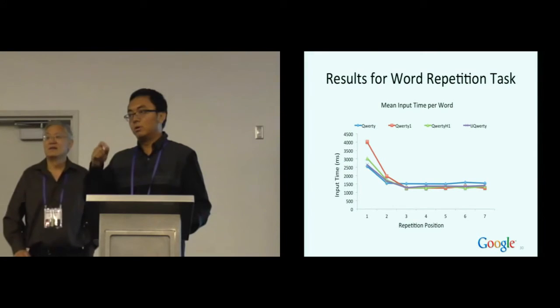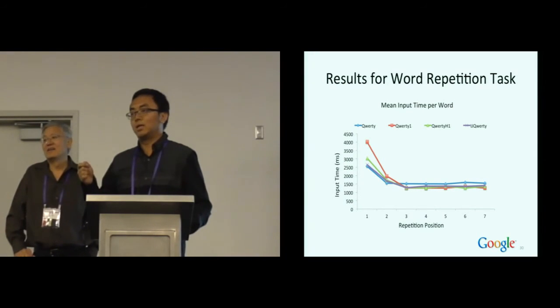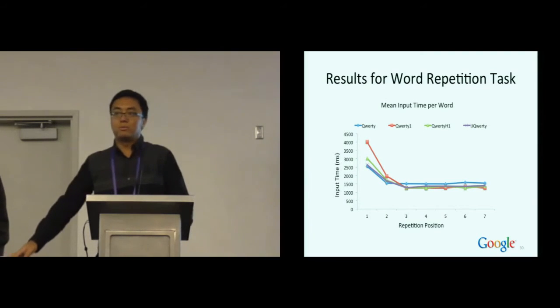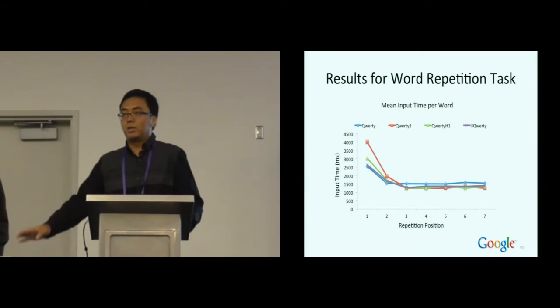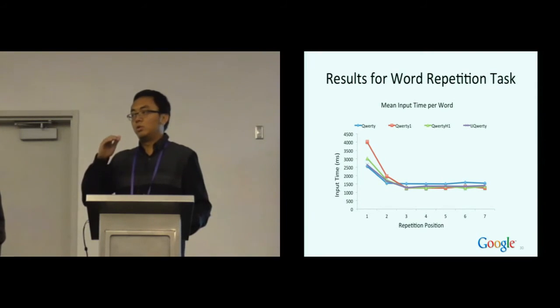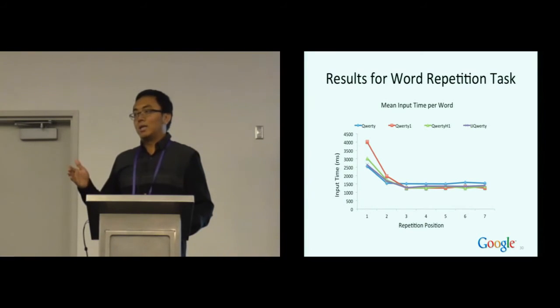You remember the shape, and you will just rely on your motor ability to enter the word. And I think that's what experts will do in gesture typing. To test our hypothesis, we can look at the curve of the input speed. You can see that the speed definitely increased in the first few trials, and then reached a pretty stable level, which indicates there is little further improvement after that stage. I think that confirms that they probably reached the expert mode at this stage.